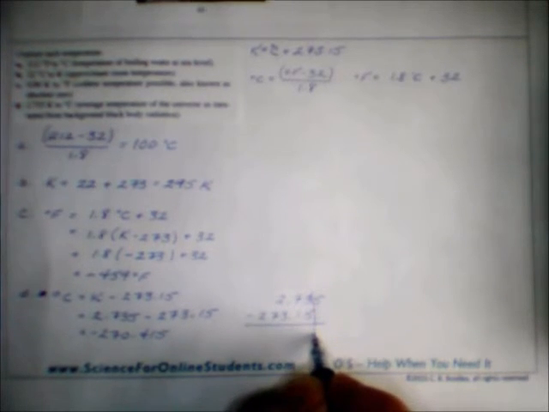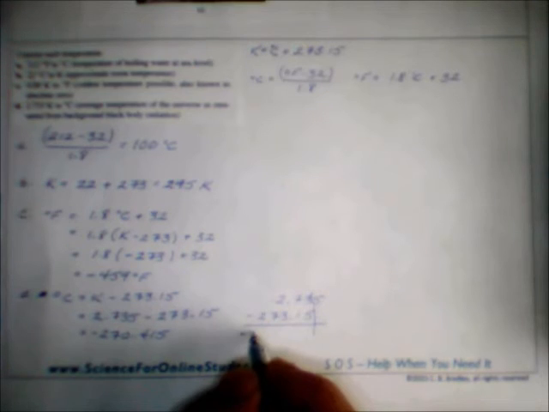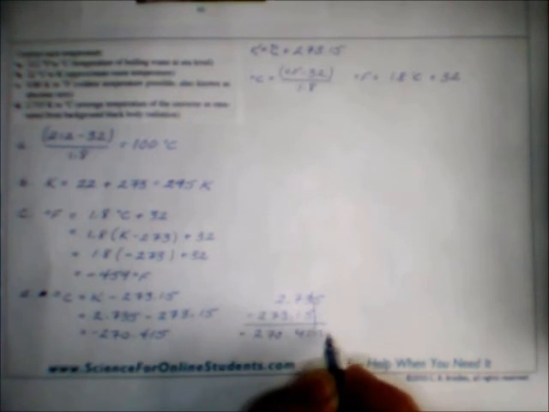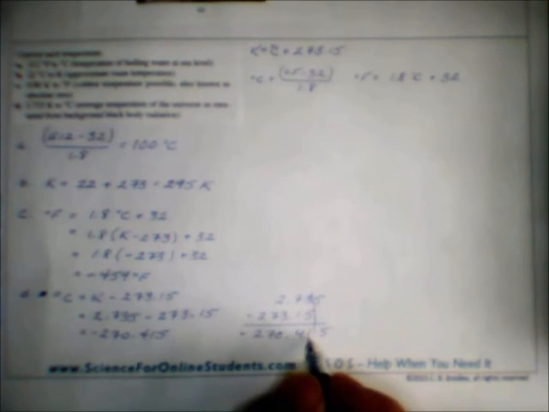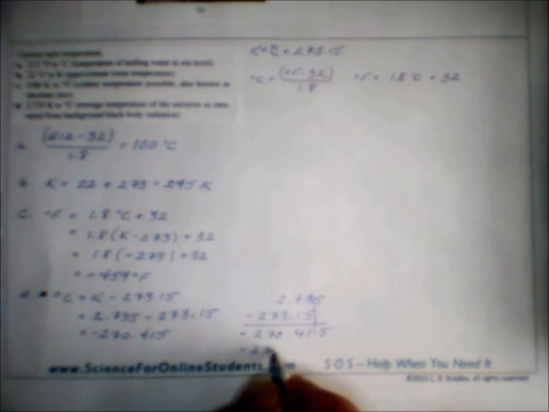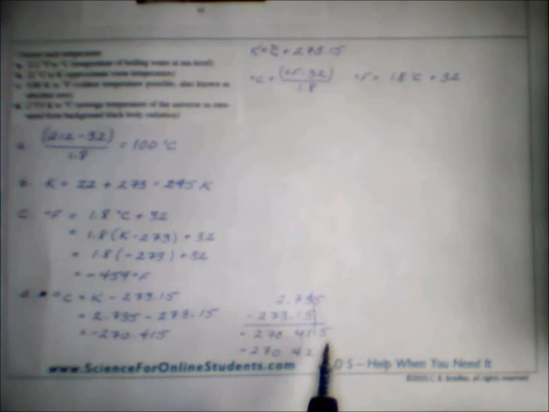So that's as far as we can go with that. Our answer of negative 270.415, well, we have to round here, and so our answer is negative 270.42. We lose a significant figure in that subtraction.